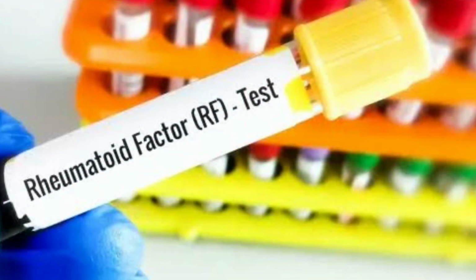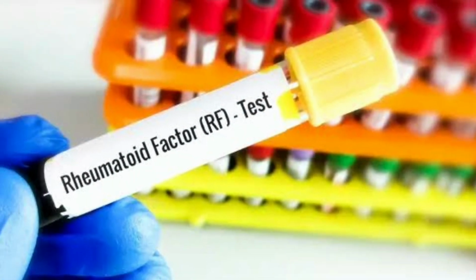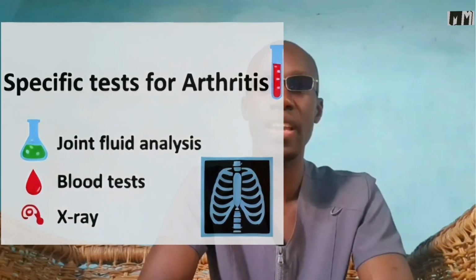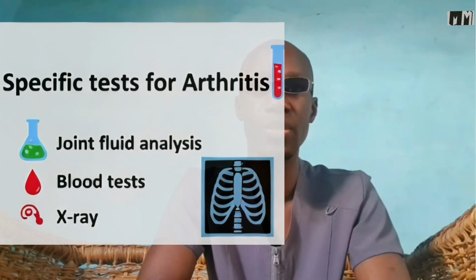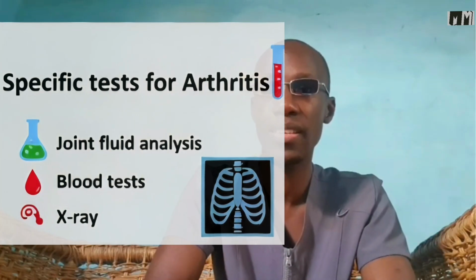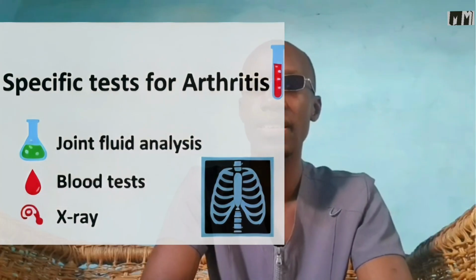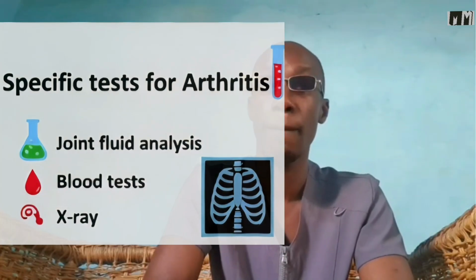So the specific tests that can be done for rheumatoid arthritis include, one, identification of the rheumatoid factor, and that is very, very significant. Let us take that point. For these other forms of arthritis, typically to identify erosion, we can do x-rays. Whether the erosion has been caused by rheumatoid arthritis or osteoarthritis, x-rays can help in such cases.